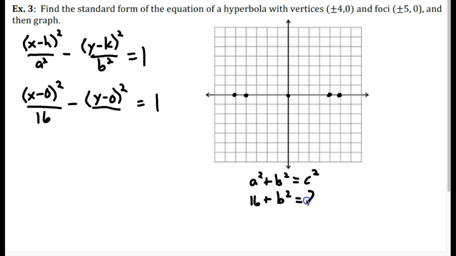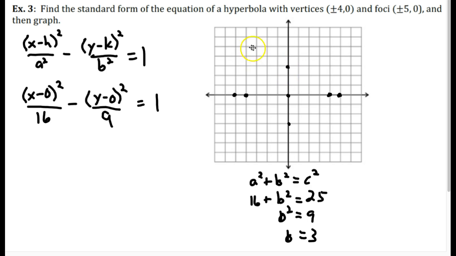So 5 squared is 25. Subtract the 16 over. Take the square root, and we get that b is equal to 3. So in terms of my equation, b squared is 9. In terms of my graph, how far up and down I'm going is 3.